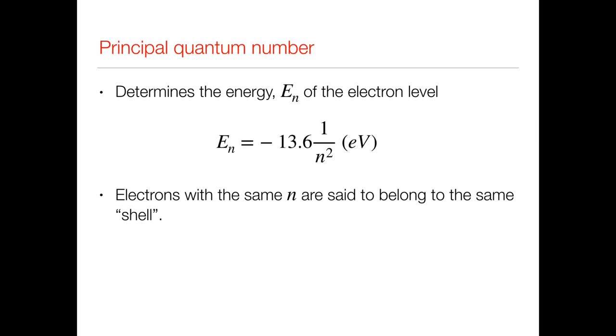Okay, that's a Rydberg. If we go to the second level, n would be 2, the energy would be less, and they'll get closer and closer, and as n goes to infinity, the energy here goes to 0. Okay, they get closer and closer together. And we say that electrons with the same n belong to the same shell.